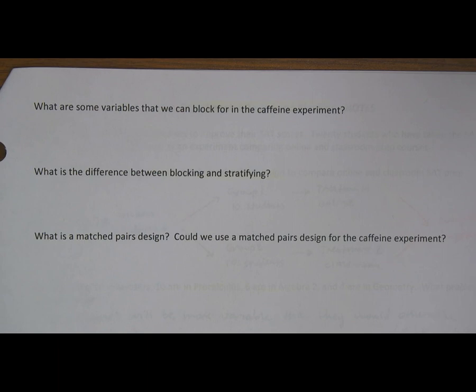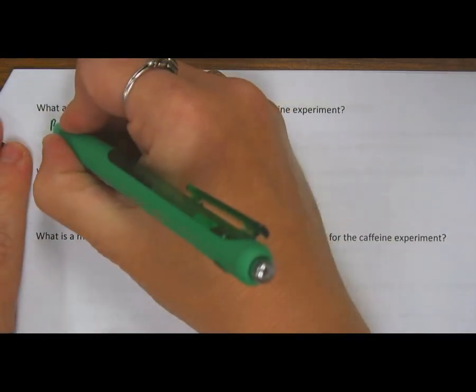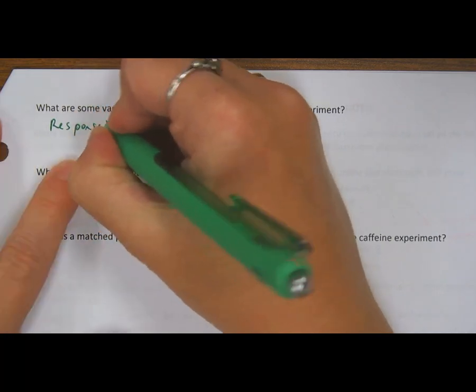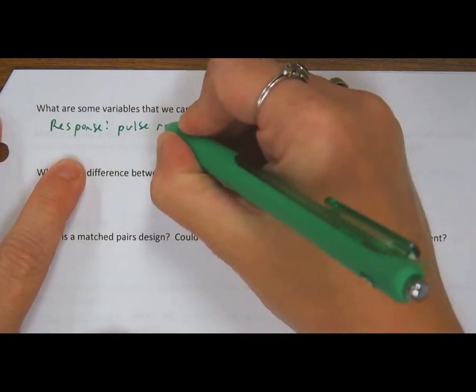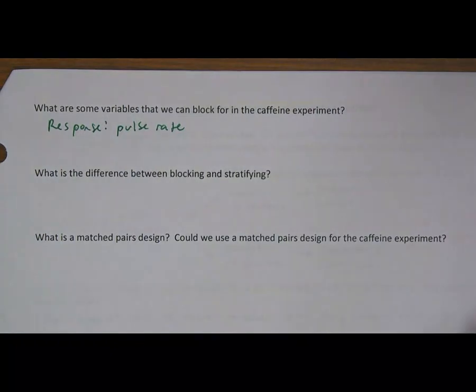So the response is pulse rate. Let's start with that. Response variable: pulse rate. What are some characteristics of people that we said could influence whether their pulse rate went up or not compared to the person sitting next to them?